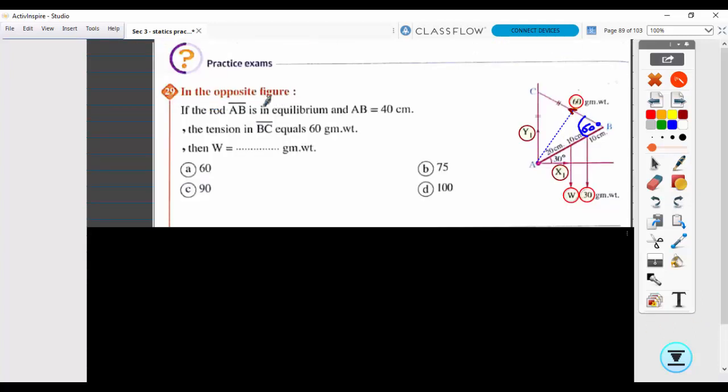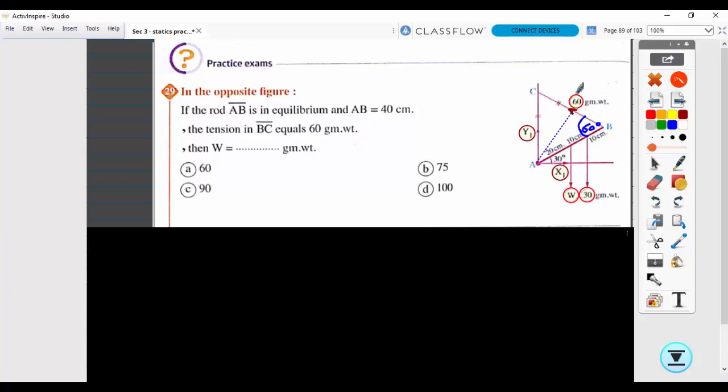Now letter B. In the opposite figure, the rod AB is in equilibrium, and AB equals 40 centimeters. The tension in the string BC equals 60 gram weight.